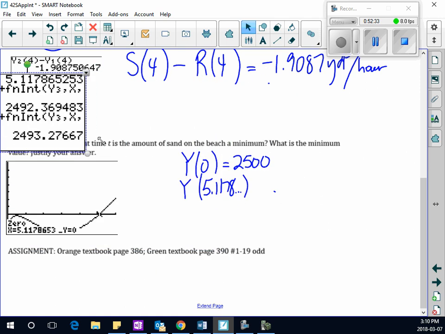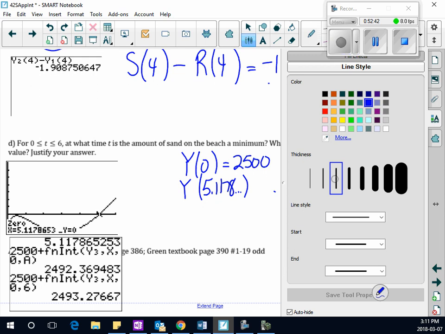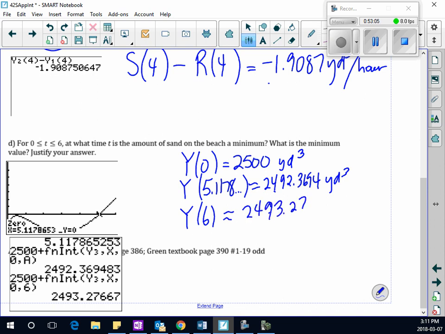So this is approximately 2492.3694, and that's going to be yards. And y of 6 is approximately 2493.27667.